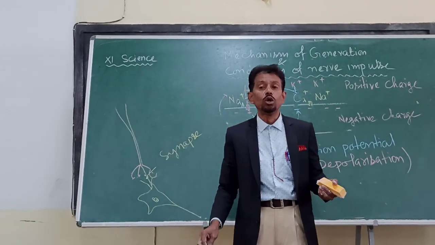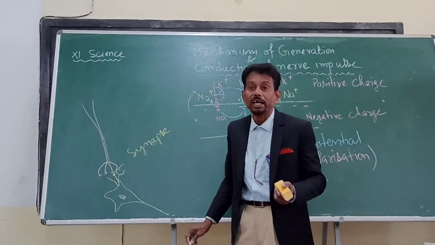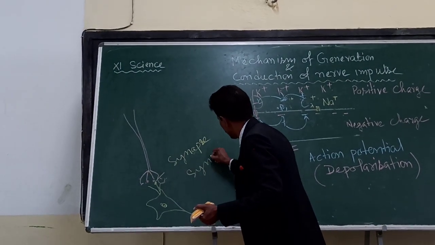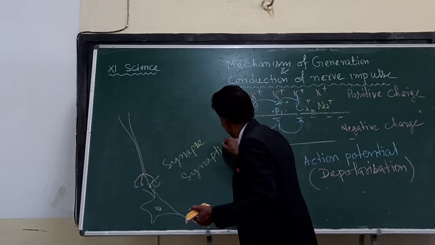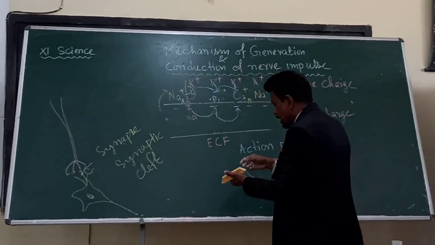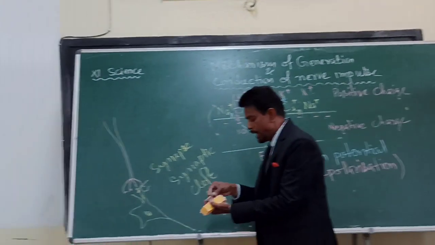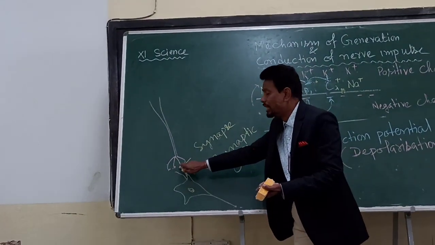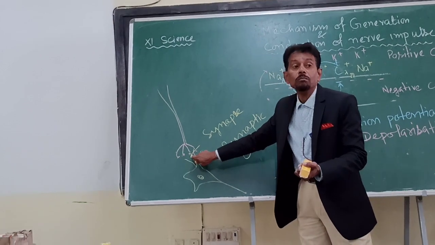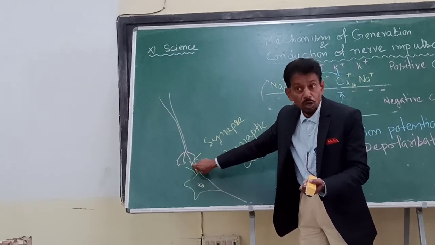This is what we call the synaptic cleft. Now the question is how the nerve impulse which has come to the axon terminal will jump to the next neuron.